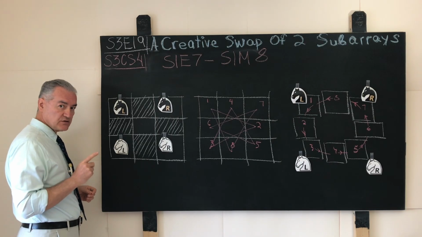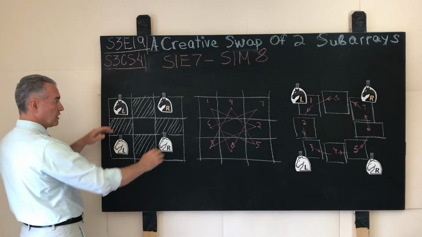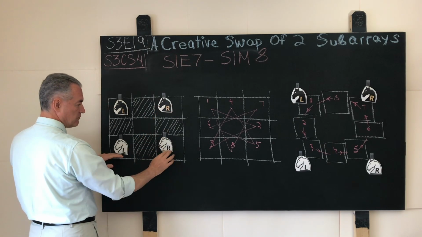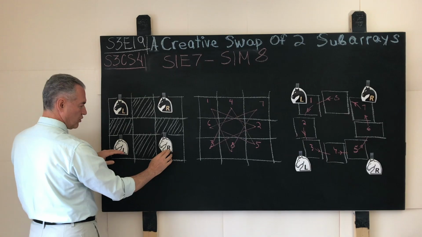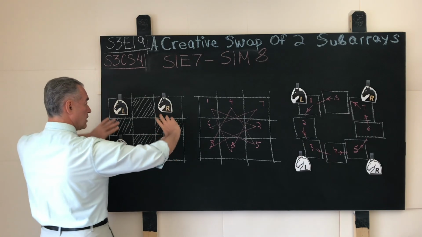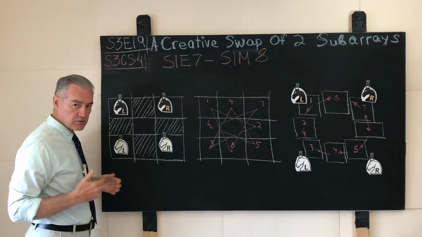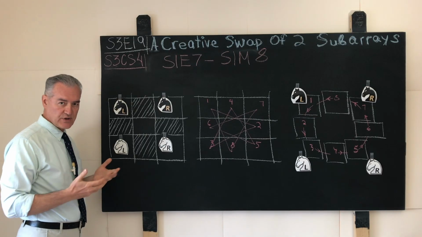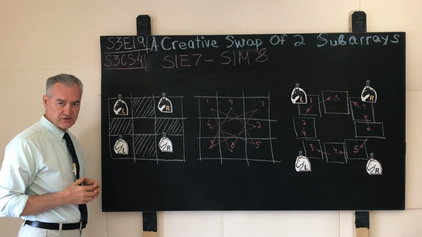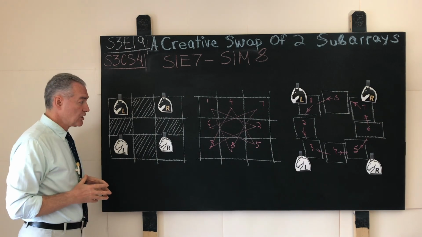Using the legal chess knight moves, we are to put these two black knights in the bottom row and these two white chess knights into the top row, swapping their positions. And if you try to solve this problem in any which way, haphazardly, without any guidance, I pretty much guarantee you that you will have a very rough time doing so.